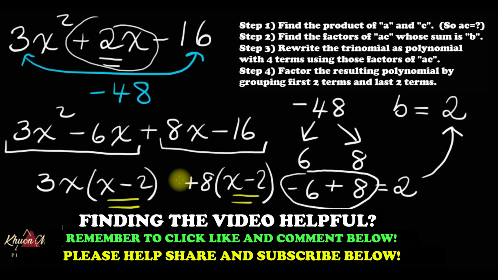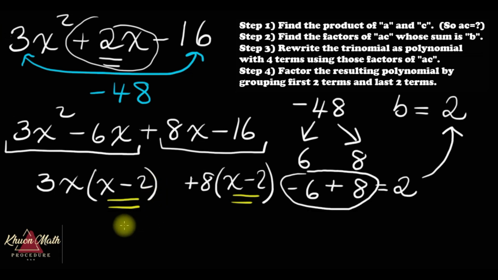Okay, so we're going to finish this up by factoring this polynomial. So what can we pull out from the expression? Well, we can pull out the common binomial factor, which is the x minus 2. So we'll pull out x minus 2.